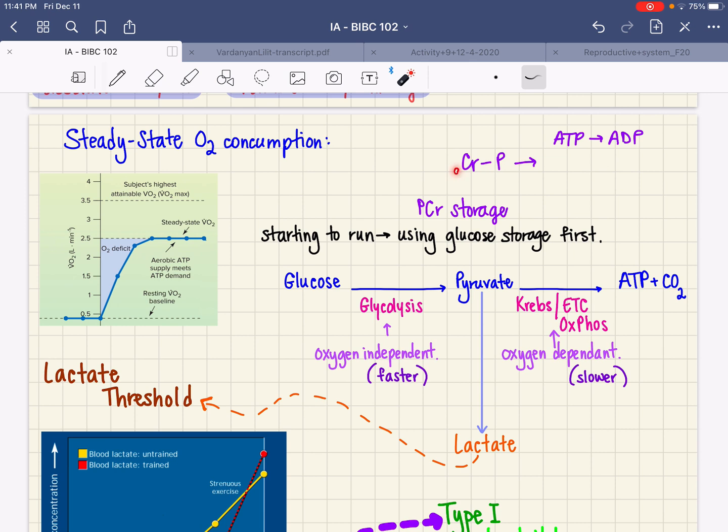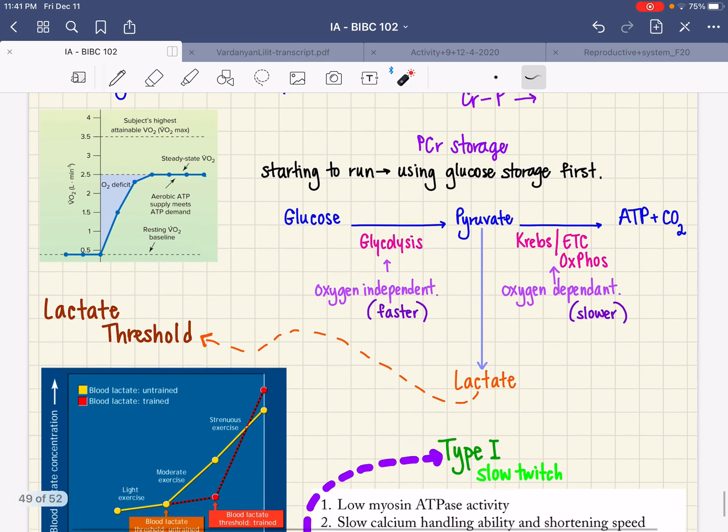So you can think of creatine phosphates as like the emergency phosphate donor. When I do some quick movements, my levels of ATP deplete and I need to replenish them. That is when creatine phosphate comes in and says, hey ADP, take my phosphate, replenish the ATP. Okay?